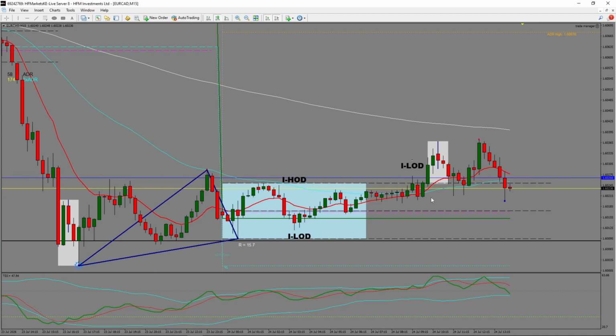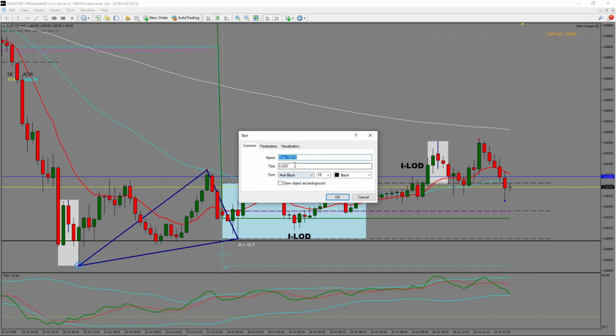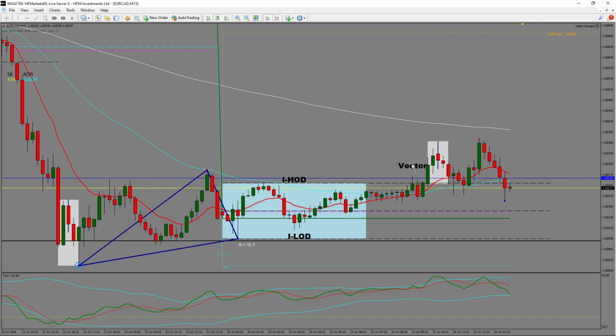Okay, so here you can see three candles to the top, 1, 2, 3. So that's your vector. That's the second thing you should be checking off. So, vector. Okay, so that's my vector. I'll use numbers to report them.